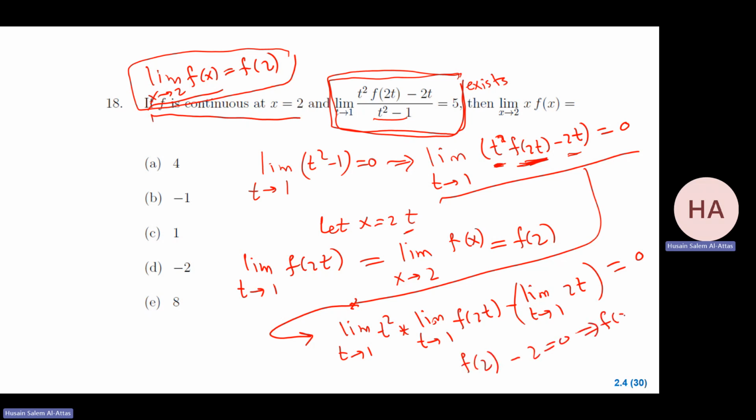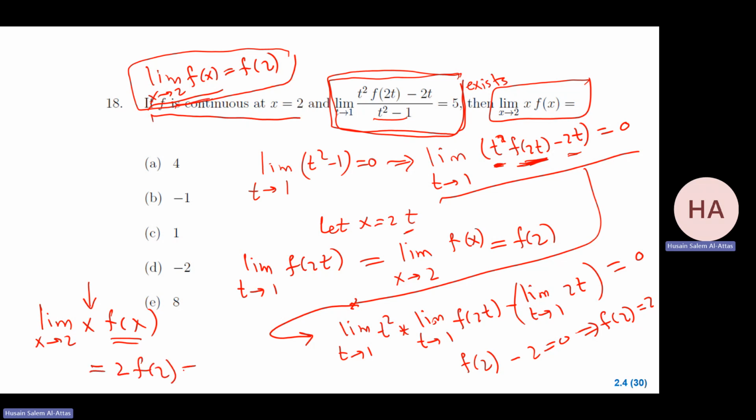So f of 2 equals 2. What they want is the limit as x goes to 2 of x f of x. This limit exists and equals 2 times f of 2, which is 2 times 2, which is 4.